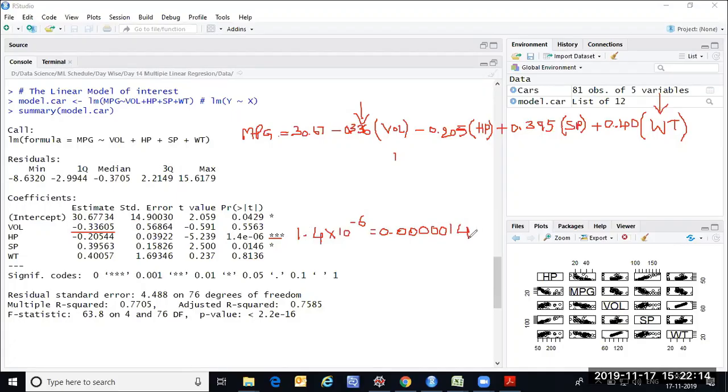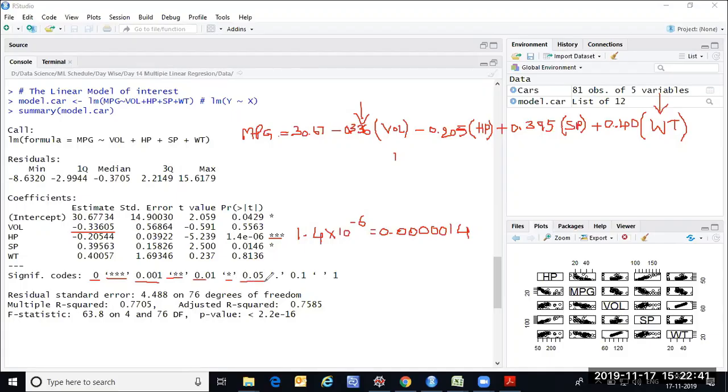So is this less than alpha or more than alpha? Very much lesser than alpha. It's pretty much close to 0, this value. That's why whatever values are pretty much close to 0 will be represented with 3 stars. The ones which are close to 0.001 will be represented with a double star, 0.01 a single star.